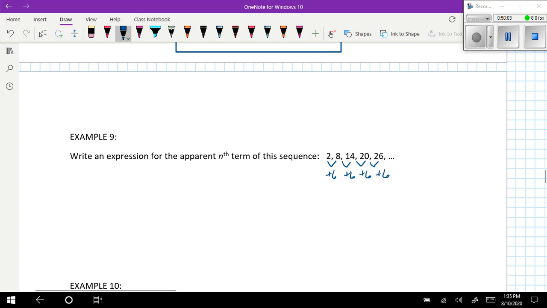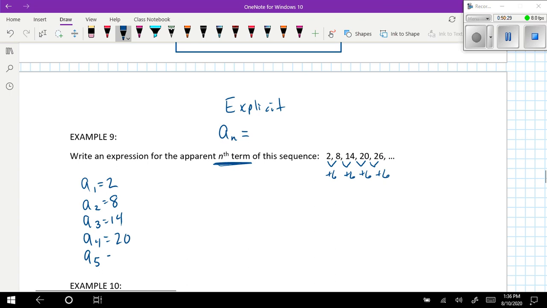I want an expression for the nth term. So I'm looking for a sub n equals, and I definitely want an explicit definition. Give me an explicit definition. So a sub 1 is 2, a sub 2 is 8, a sub 3 is 14, a sub 4 is 20, a sub 5 is 26.